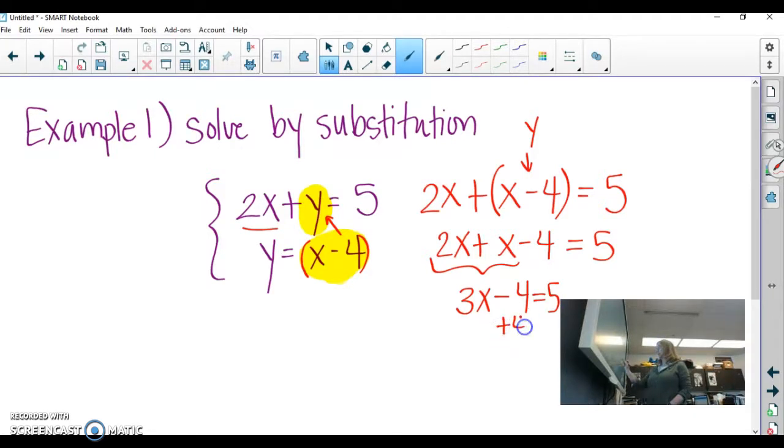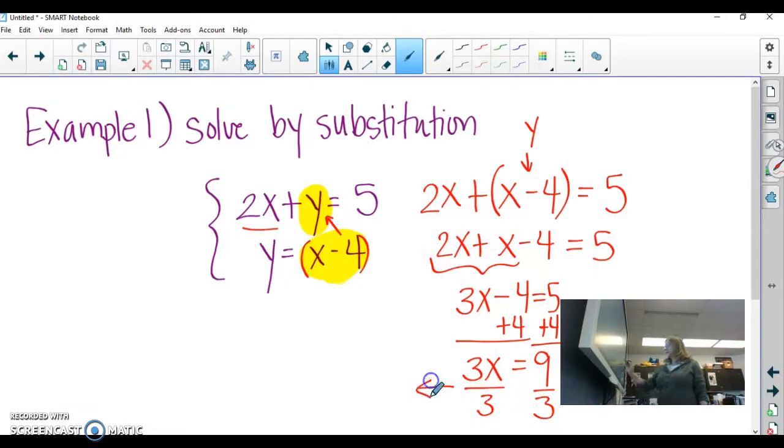The opposite of subtraction is addition. So we're going to add 4 to both sides, and we end up with 3x on the left, and on the right side, we have 9. And keep going. We're going to divide by 3, divide by 3, and we get x is equal to 3.